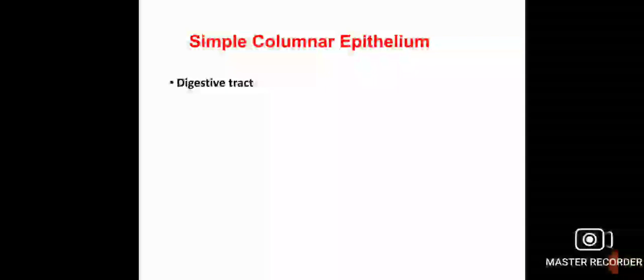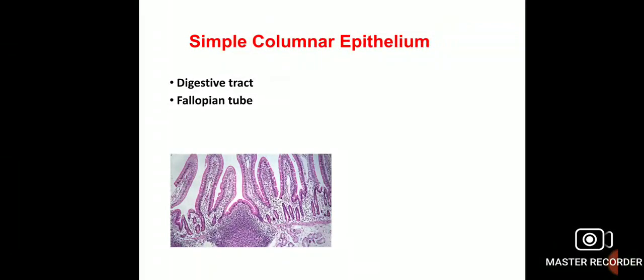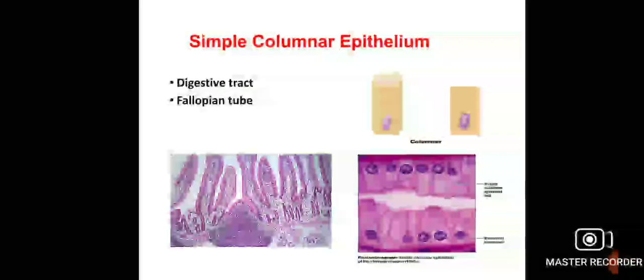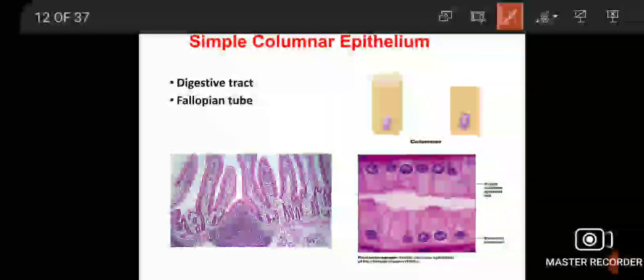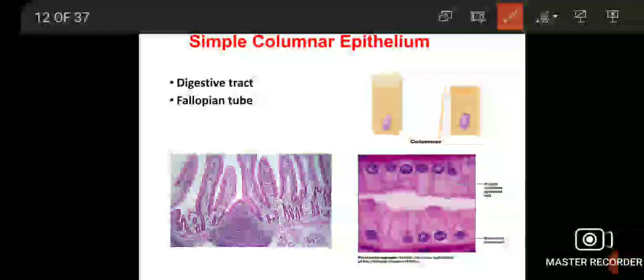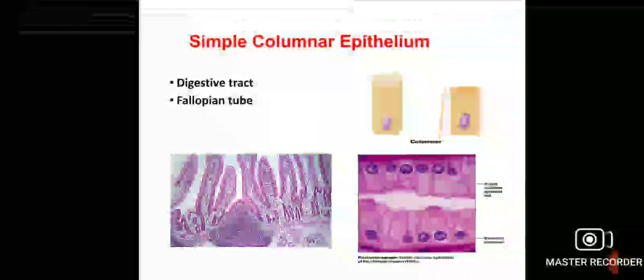And then comes the simple columnar epithelium. As the name indicates, simple means it is a single layer of columnar cells. Columnar cells, you all know, have a height greater than the width of the cells. So they are the tall columnar cells. Simple columnar epithelium is basically present in the locations where there is a need for absorption.